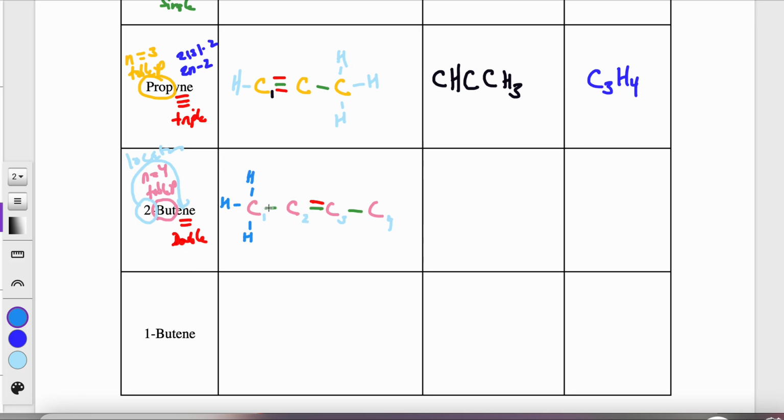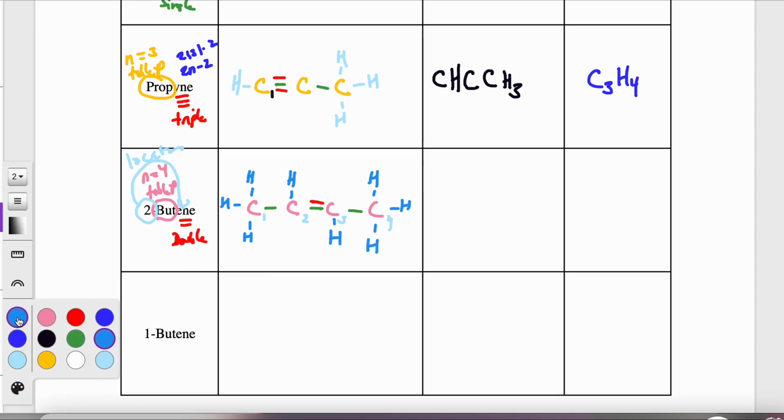Carbon 2 has 3 bonds total, 1 single and 1 double, so it only needs 1 H attached to it. Carbon 3 is part of the double, and on the other side it has a single, so it already has 3 bonds. So I'm going to put a hydrogen there. I like to change sides, it just makes it more readable. And then my 4th carbon has only 1 bond, so I need to attach 3 hydrogens to it.